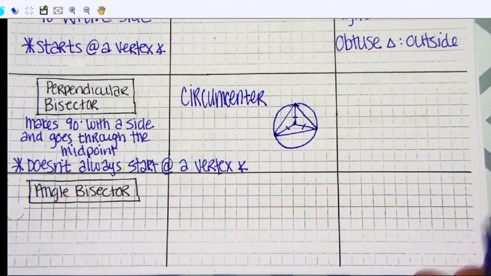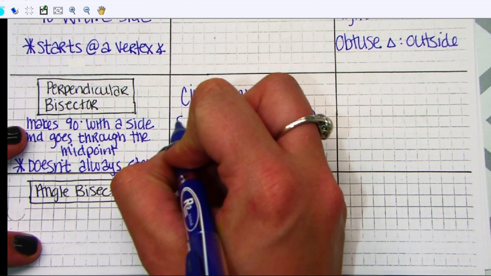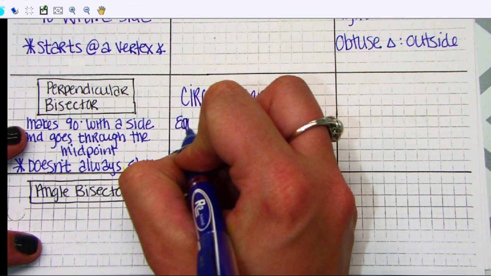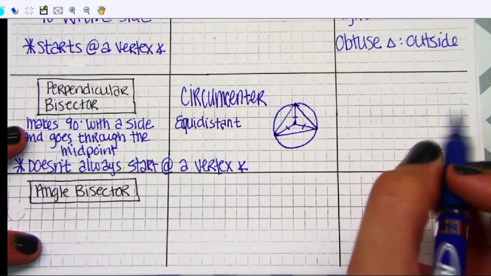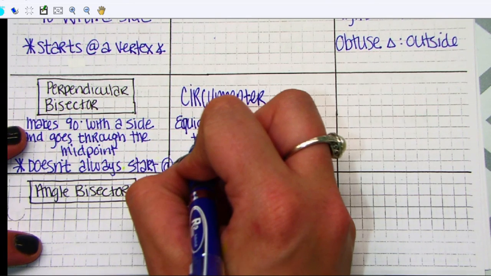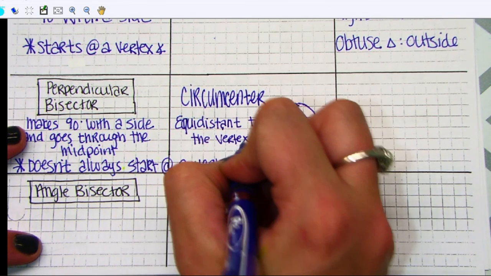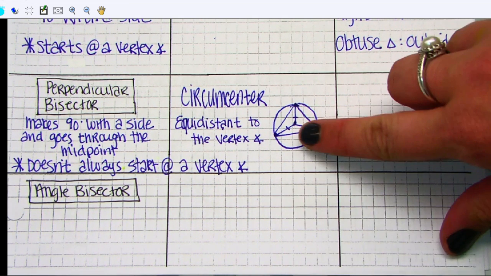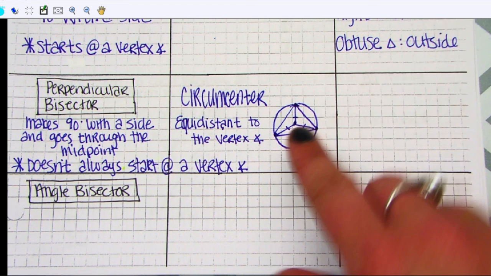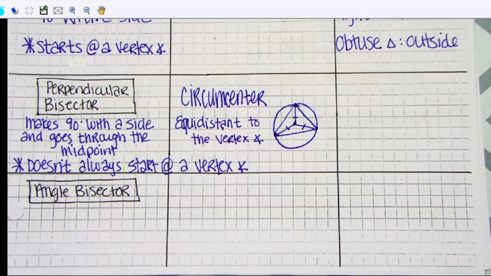The circumcenter is equidistant, which just means equal distance, to the vertex. So if I start at the circumcenter, I can draw a segment from here to the vertex angle, and it's going to be equal all the way around. Makes a circle outside.